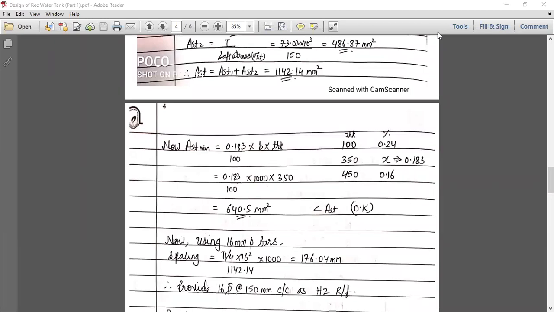Okay, that is for thickness more than 200, right? Okay, so just calculate 0.35% into B into thickness. How much is that?